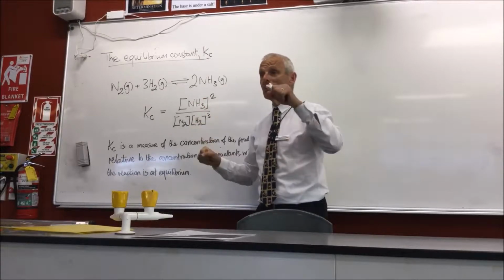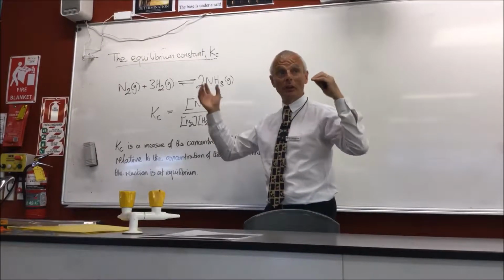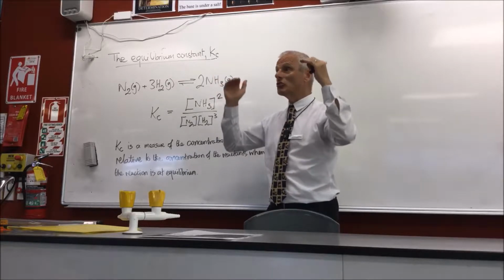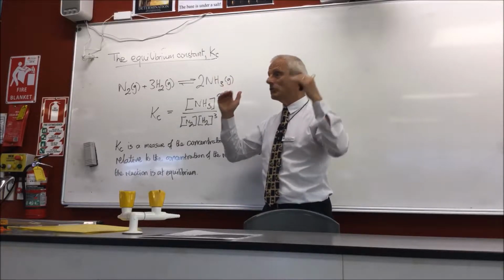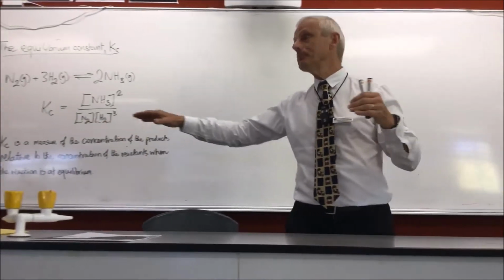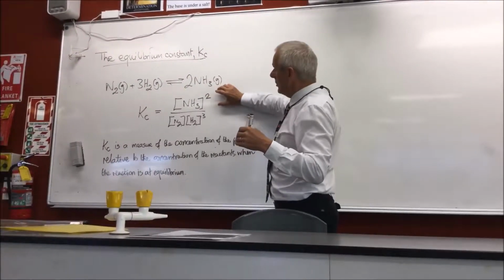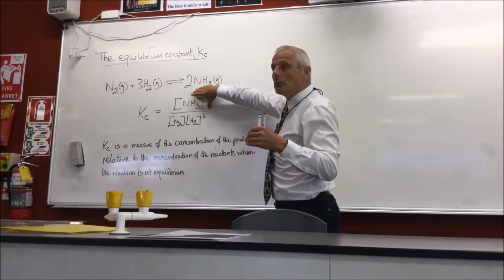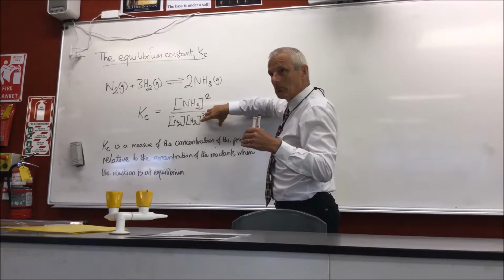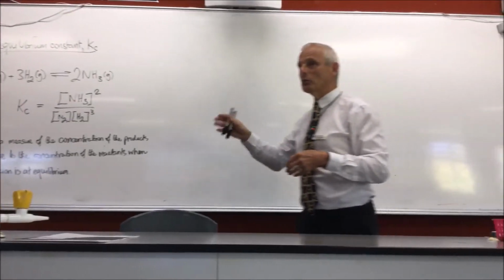In other words, there's no change in the relative concentrations of products and reactants. The reaction started and then it looks like it stopped, so we're at equilibrium. So Kc only applies when the system is at equilibrium. And it tells us the concentration of the products, in this case ammonia, relative to the reactants. So we're going to unpack that and see what the value tells us.